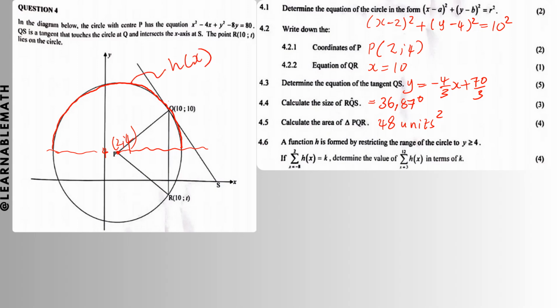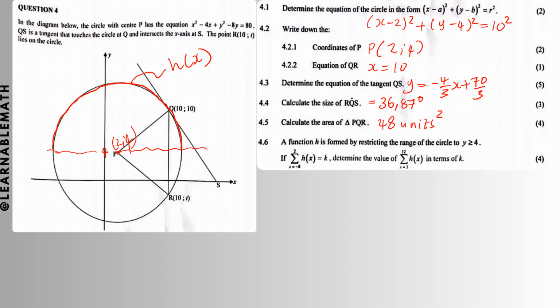So a function h is formed by restricting the range of a circle to y greater than or equal to 4, and on top we are forming a new function. They say if the sum for x from minus 8 to 2 of h of x is equal to k, determine the value of the sum from 3 to 12 of h of x in terms of k.